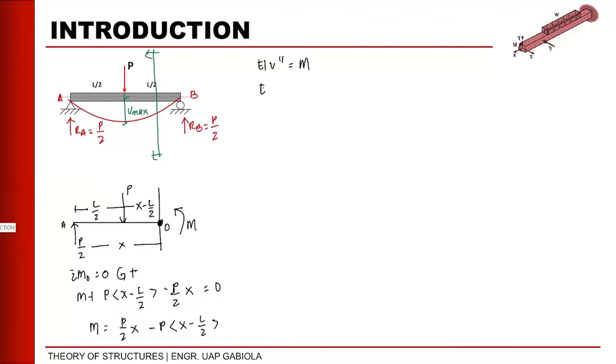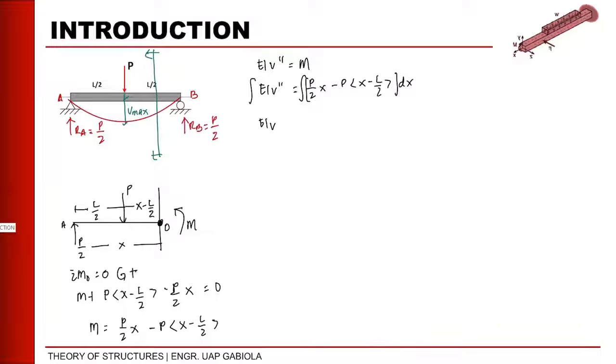So, we can now use our formula, no? So, EI v double prime is equals to yung M natin, P over 2 X minus P times (X minus L over 2). Okay? So to get our slope, i-integrate natin both sides. So kakameron lang tayo ng dx dito. So we have EIv prime. Okay, si EI is given, usually given siya sa problem.